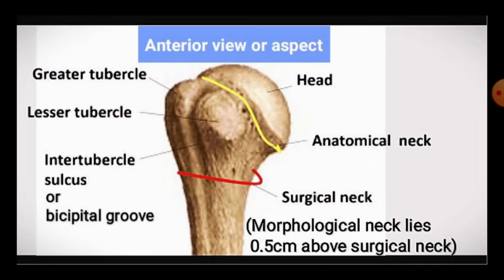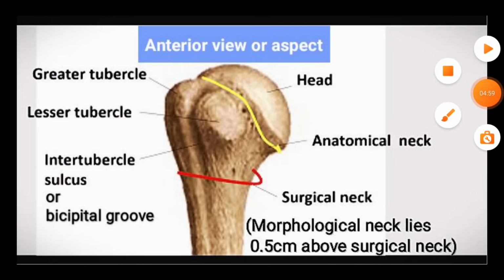The greater tubercle is an elevation that forms the lateral part of the upper end. Its posterior aspect is marked by three impressions: upper, middle, and lower. The lesser tubercle and greater tubercle are both bony landmarks of the humerus.